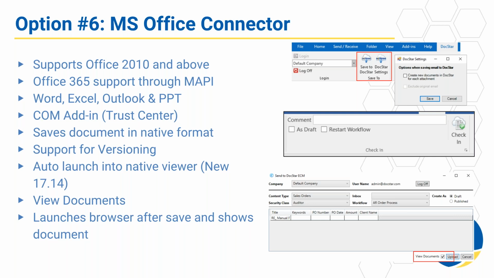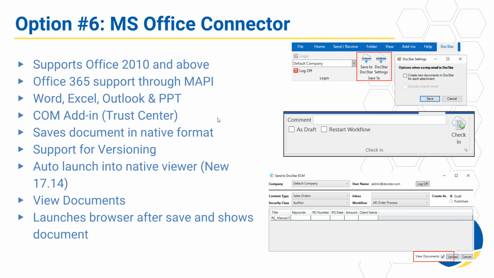If you're not seeing the DocStar tab, in this top screenshot here, you just have to go into your Trust Center within Outlook or Word or whatever. It is a COM add-in. Sometimes it disables the DocStar capability there, so you just recognize that if it doesn't show up. Once you enable it and install it, you do have to restart the Office application.